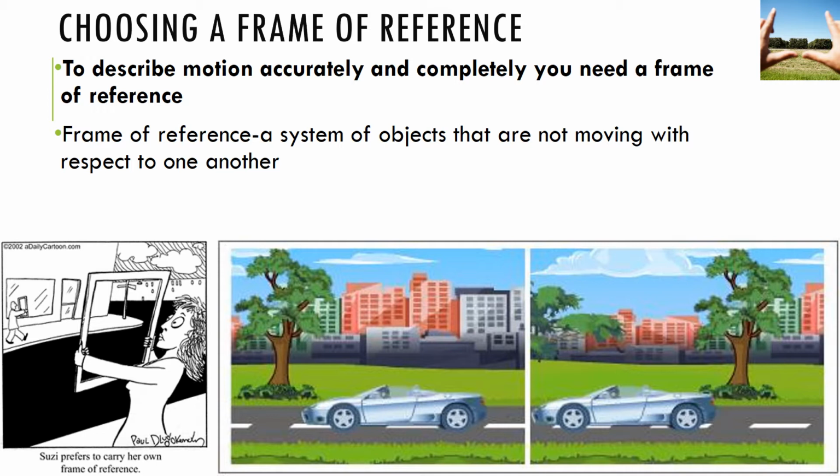And this is why some people get motion sick sometimes. But a frame of reference helps you determine if you're moving or not, and in which direction did you move. Feel free to pause this video as needed to write down your notes.